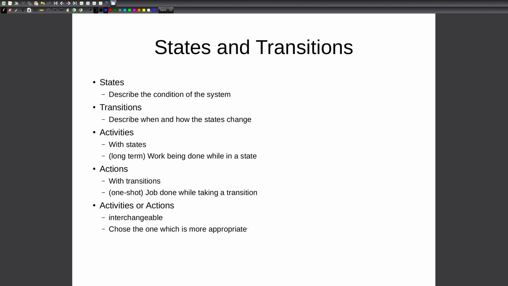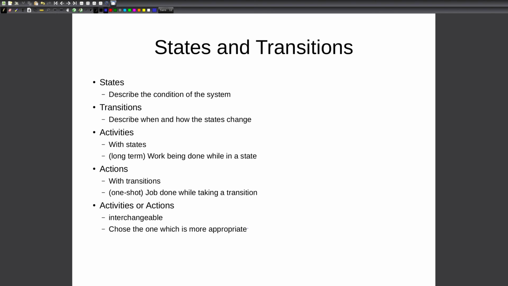So that's it. That's all the terms we need to know in order to be able to use state machines to model systems. Now, to remind ourselves what we learned today. First we learned about states. States describe the condition of the system. Then we know that the states can change, and the act of changing states is called the transitions.